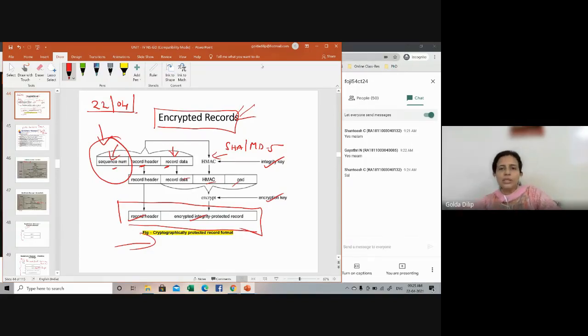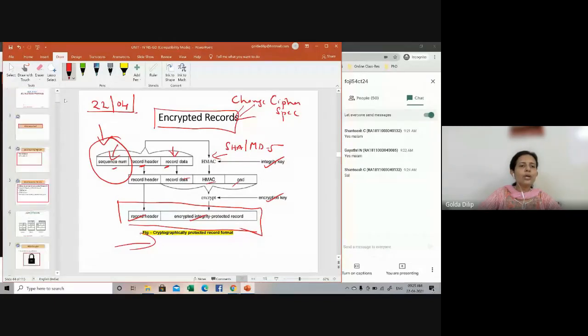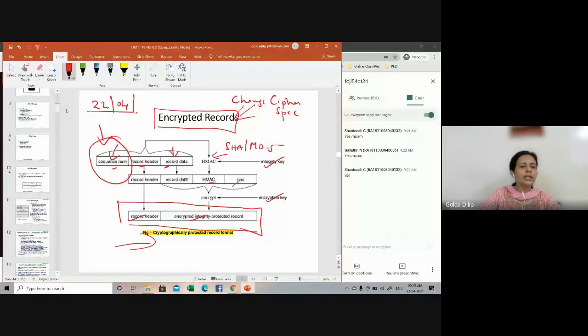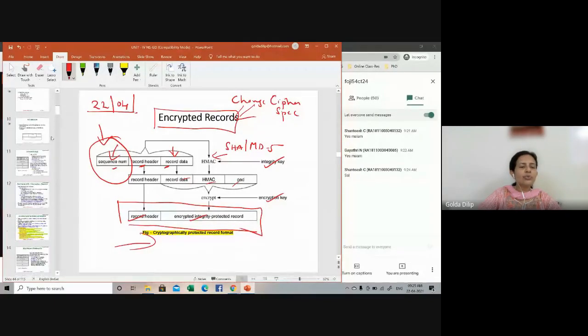Okay, so this is actually the job of your change cipher specification. Okay, so I am just showing you right now what I was showing you a minute back, is basically the structure or the parameters involved in your change cipher specification. Okay, let's go back and I'll just show you how the SSL protocol structure looks like. I think that itself everybody has forgotten.